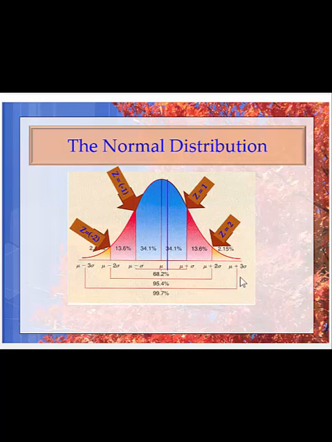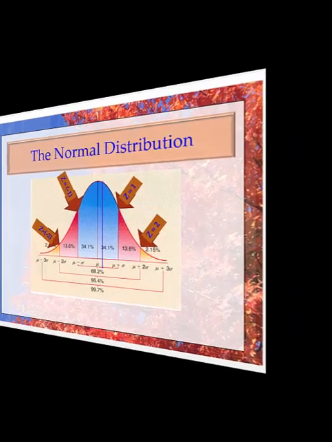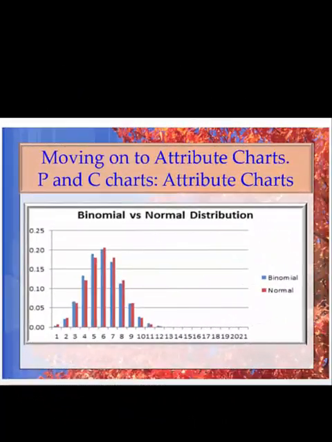So we're going to move on now to P and C charts. We call these attribute charts, remember, because these events are attributes. They're not necessarily continuous events that we can put on a scale of 1 to 100. These are events that occur or they don't occur, or they're good or they're bad, or they're many errors or not very many errors.